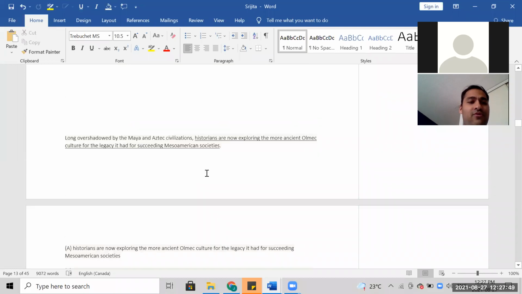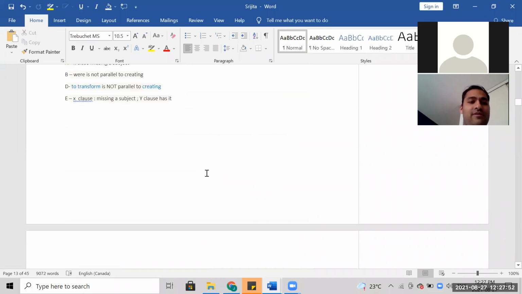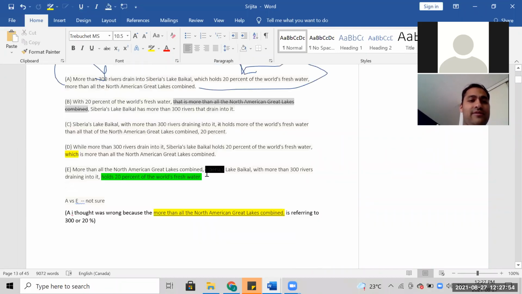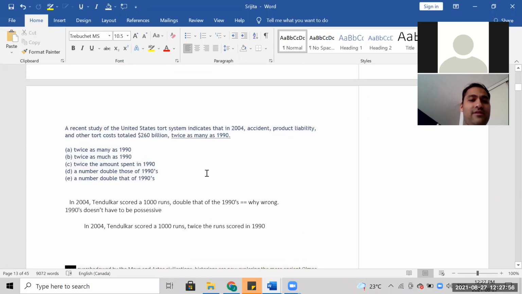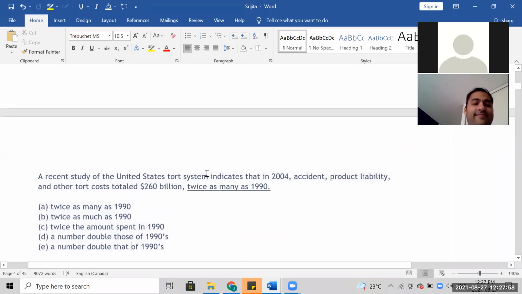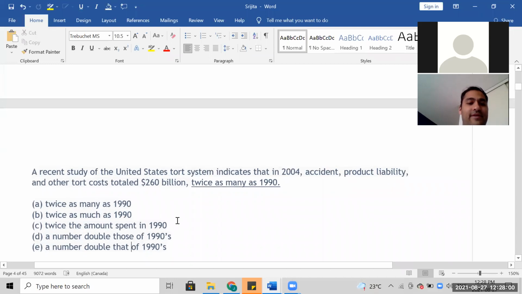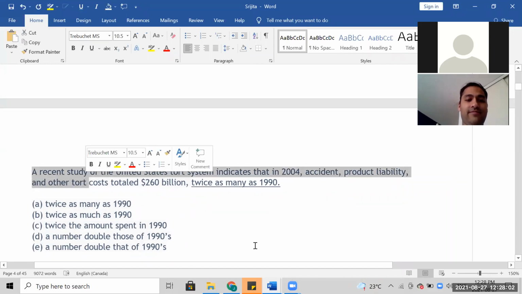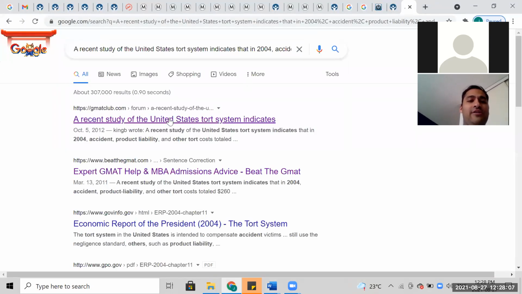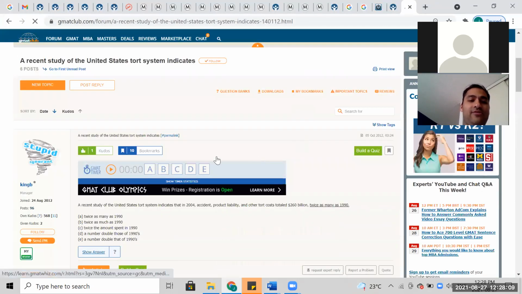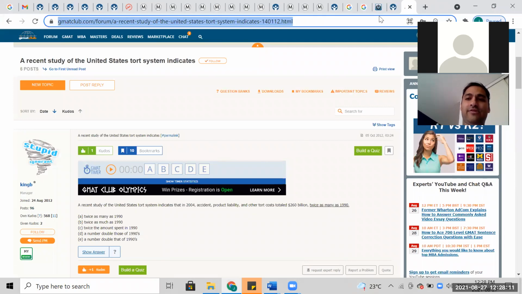I had one more quick one. This one was a comparison. What do you think of this one? I'll give you the link. These are from the Manhattan set, so they're not 100% official.